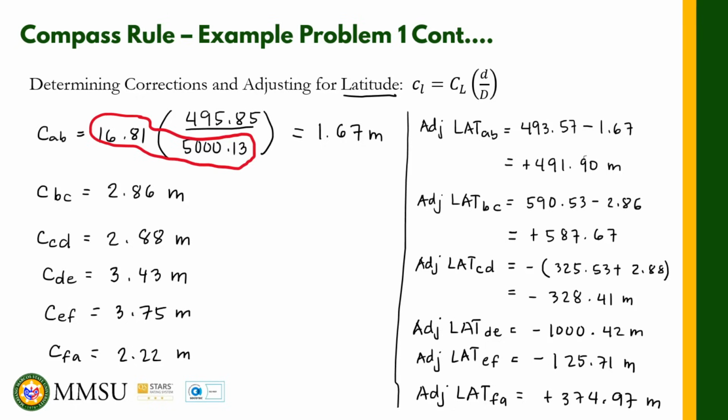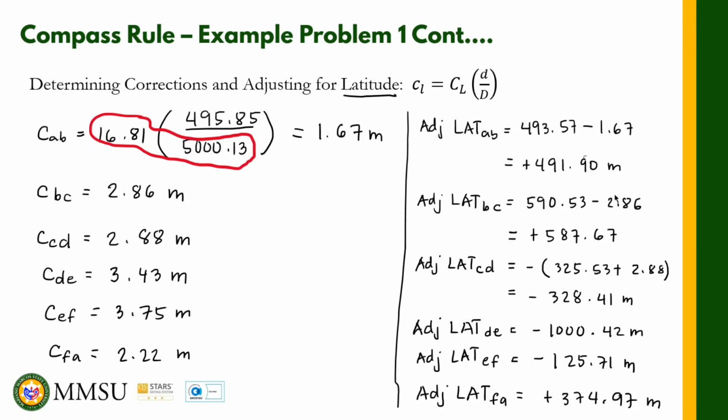meters. Okay? So, yan na yung adjusted latitude. How do we check kung tama yung sagot natin? Again, ang ginawa natin dito is balancing. Dapat kapag pinag-add natin ito, 1, 2, 3, 4, 5, 6, the sum should be equal to 0. Okay, i-check nyo yan. Kapag yung sum naging 0, that means we are correct.